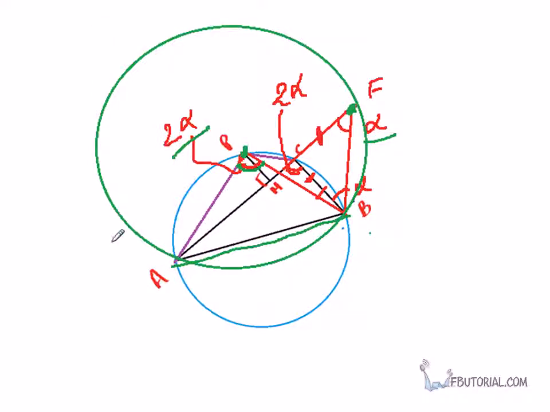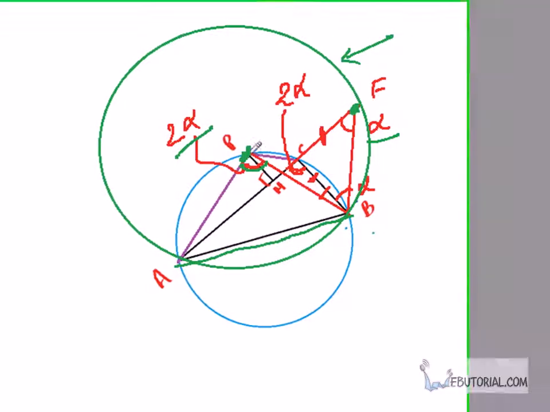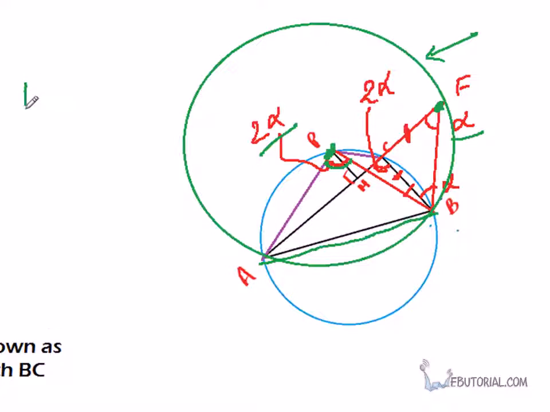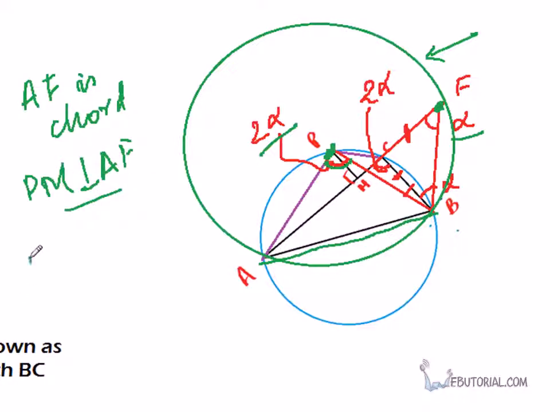If this is going to happen, what we can see is that in this bigger circle, P is the center and AF is a chord. PM is perpendicular to AF, therefore AM will be equal to MF.